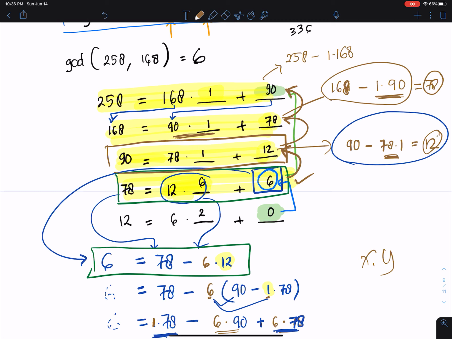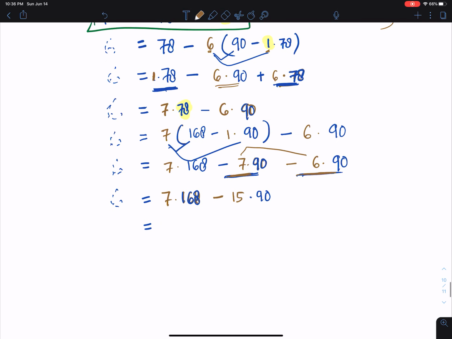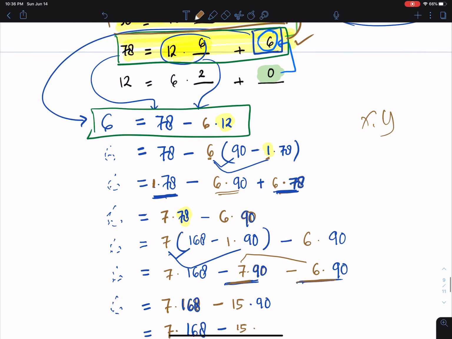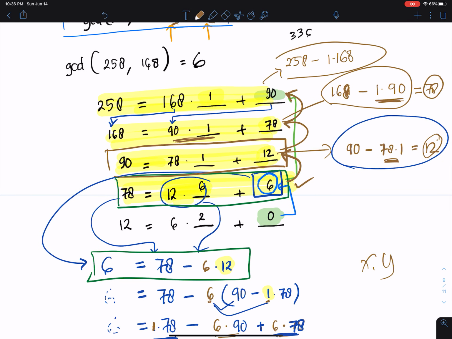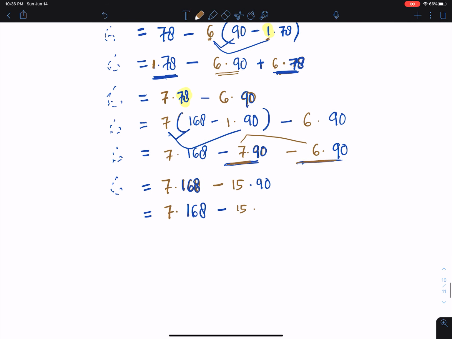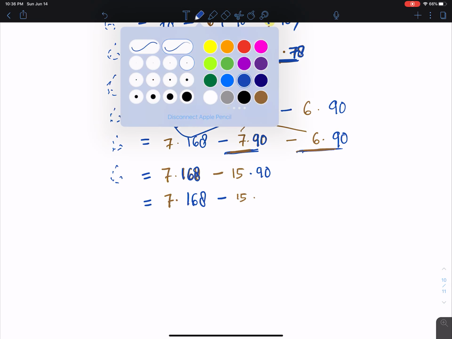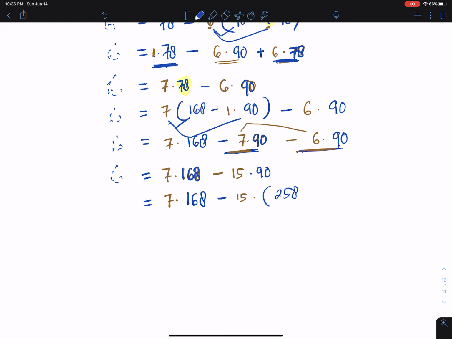So 258 minus 1168. So we will have 7 times 168 minus, here we have 15 times our 90 again, 158 minus 1168. So we have 158 minus 1168, like that. Okay, so we try to simplify it again.